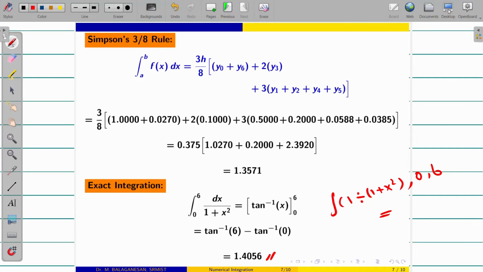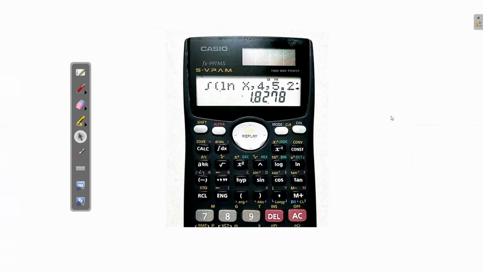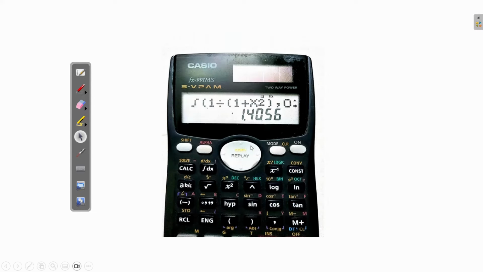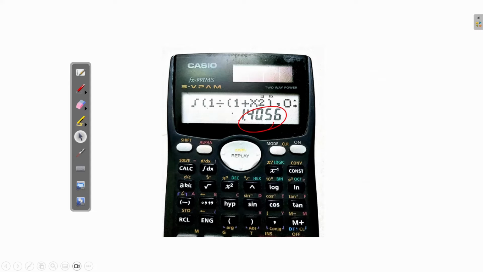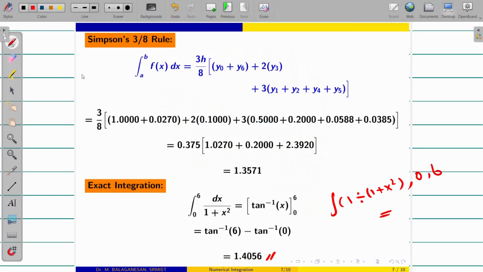I will show you what it's showing here. What is the answer? 1.4056. This is the exact answer. So 1.4056. That's it, guys. This is the way to do the cross check.